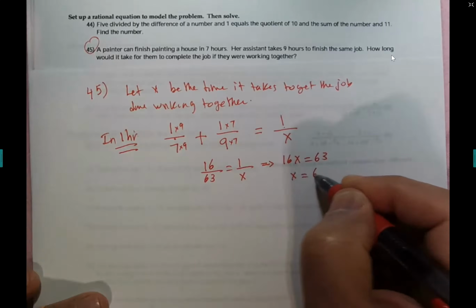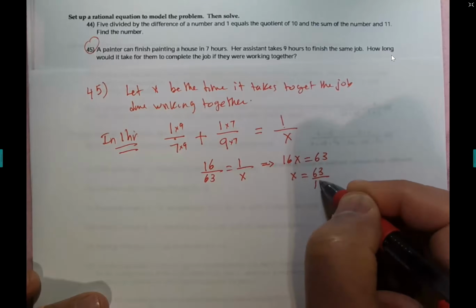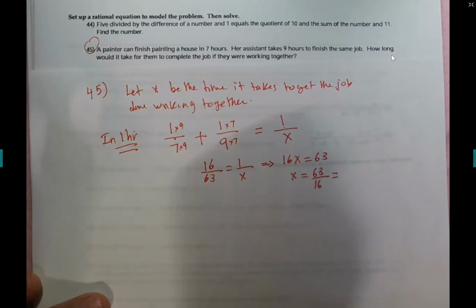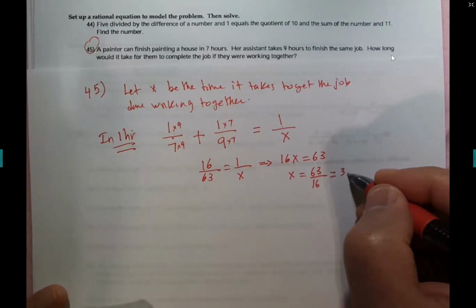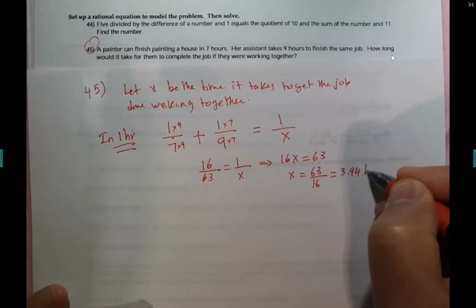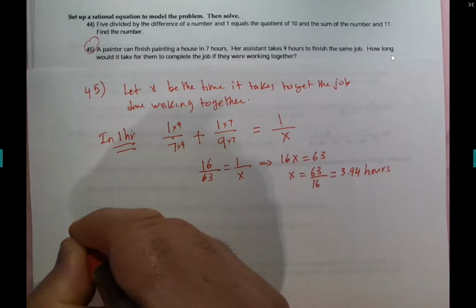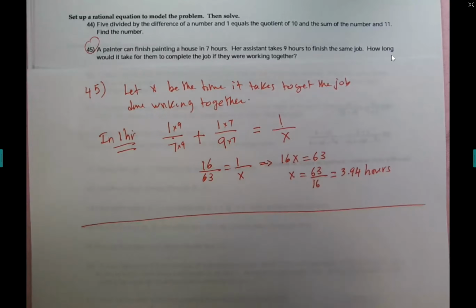So X, guys, will be 63 divided by 16. And if you want to figure this out as a decimal, how much time? Definitely it's going to take less time working together, less than 7 and less than 9. It's 3.9375 hours. And that's how you do 45.